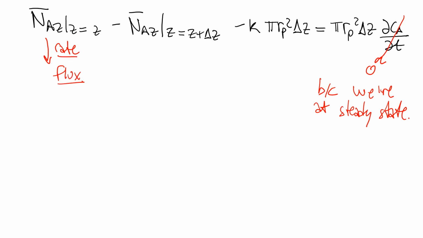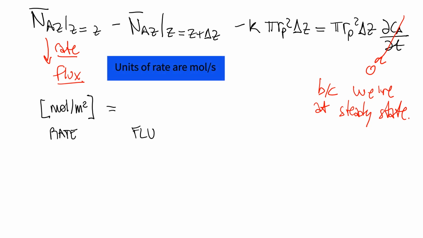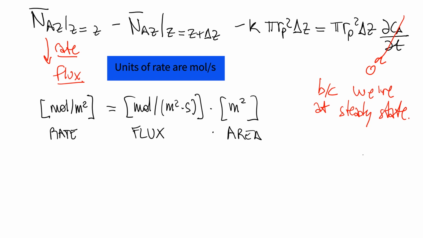And the way rates and fluxes are related is that a rate, in moles per second, is equal to a flux, which is moles per meter squared per second, times the cross-section area, in meters squared. You can see here that the meter squared just cancels. So we can rewrite our rate in terms of flux, and to do that we need the area. Okay, so we're looking at the rate which is crossing this cross-section, which has area pi Rp squared.